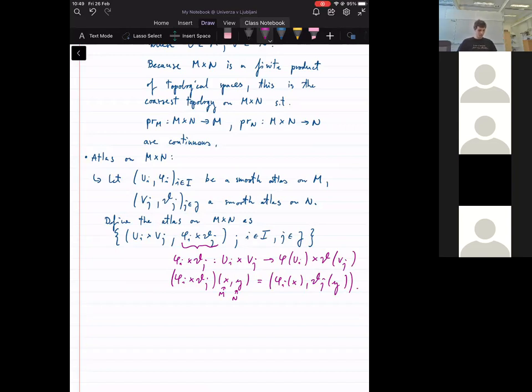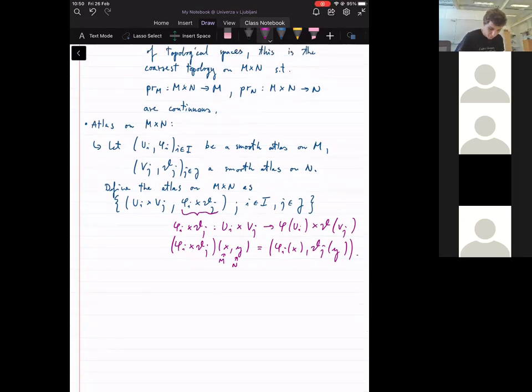So what do we have to check now? The transition maps would be one thing. Also, we would have to check that this phi_i times theta_j is a homeomorphism.